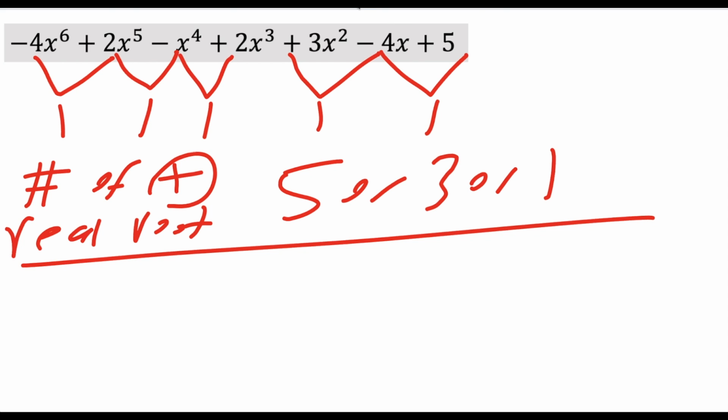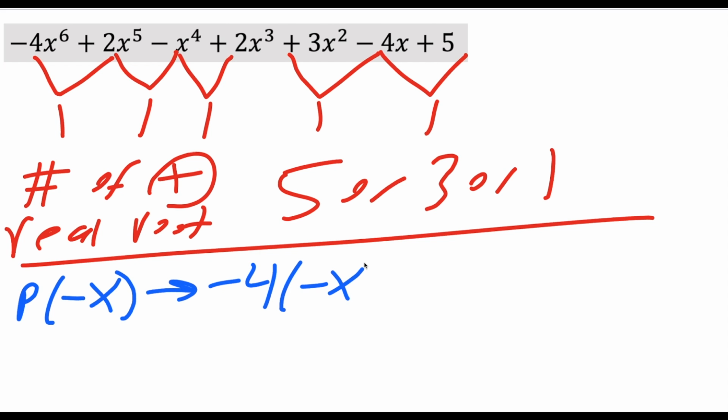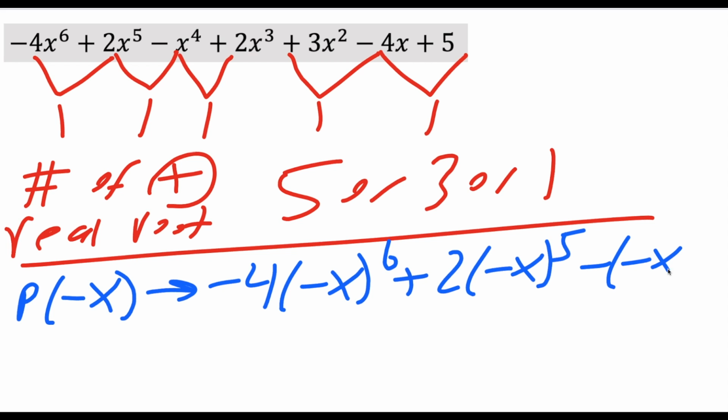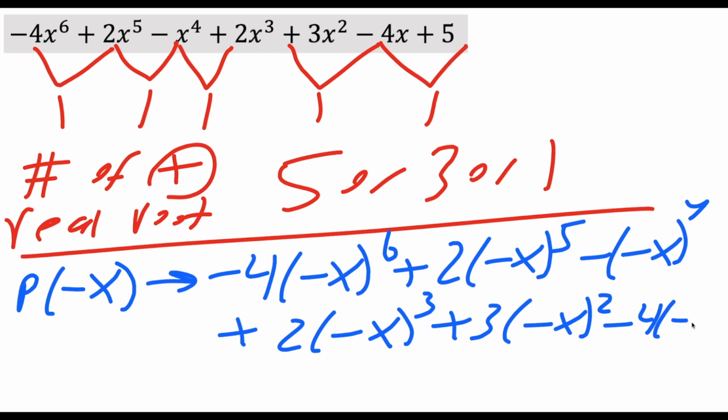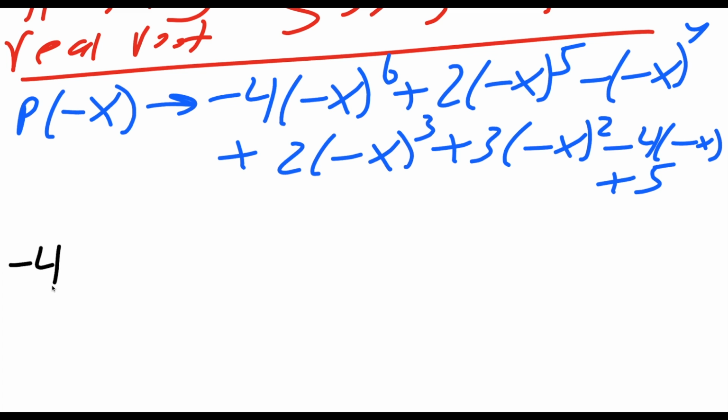And next we have to do negative. So we take our original equation and we put a negative in for x. And let's see what we get. Negative 4 times negative x raised to 6 plus 2 times negative x raised to 5 minus negative x raised to 4 plus 2 times negative x raised to 3 plus 3 times negative x squared minus 4 times negative x plus 5. Okay, let's rewrite this on one line. Negative 4, negative x raised to 6. This is an even power, so we'll get a positive x raised to 6.